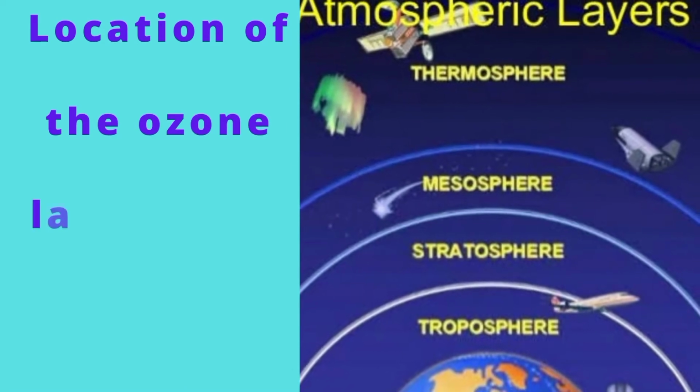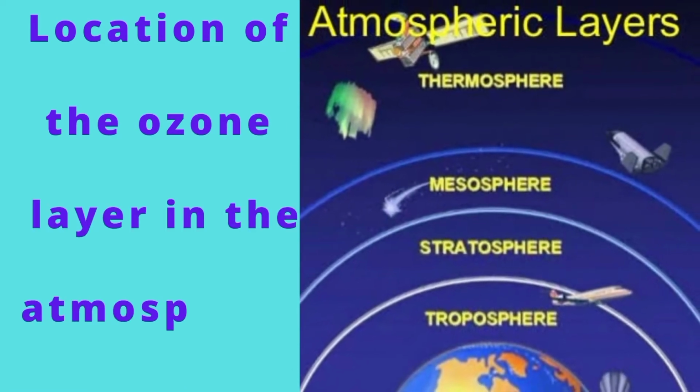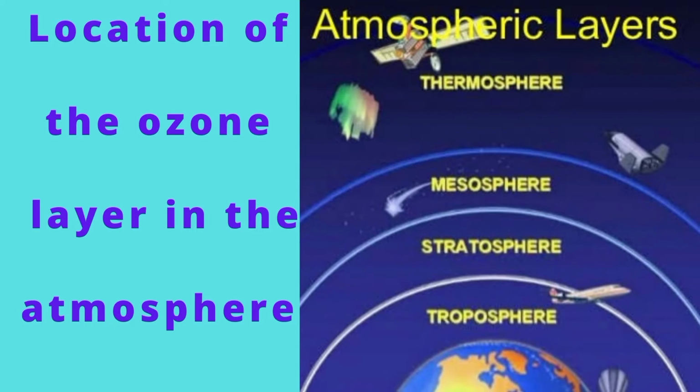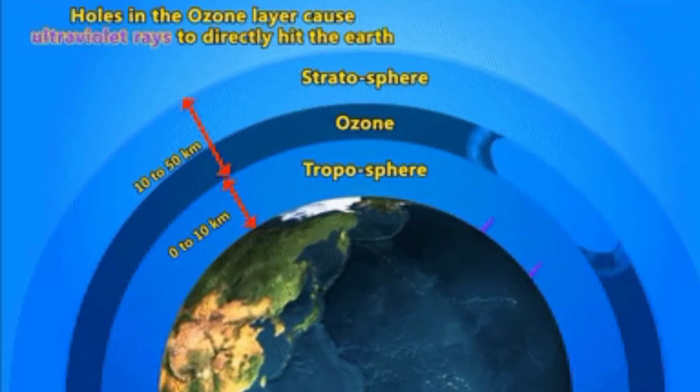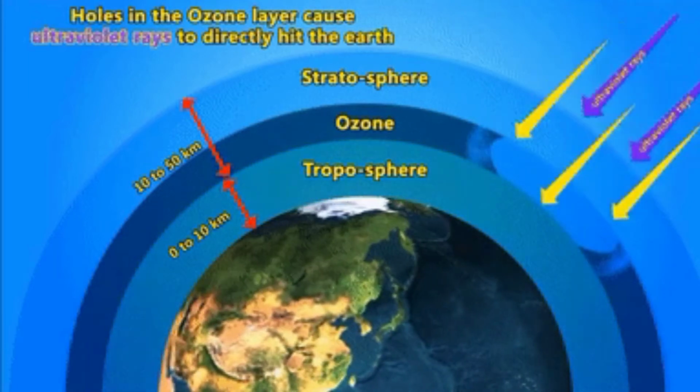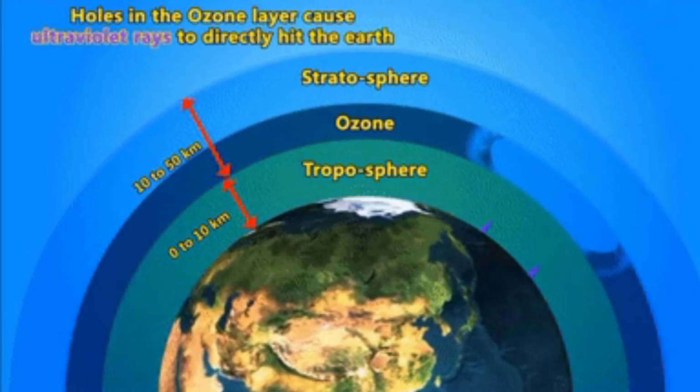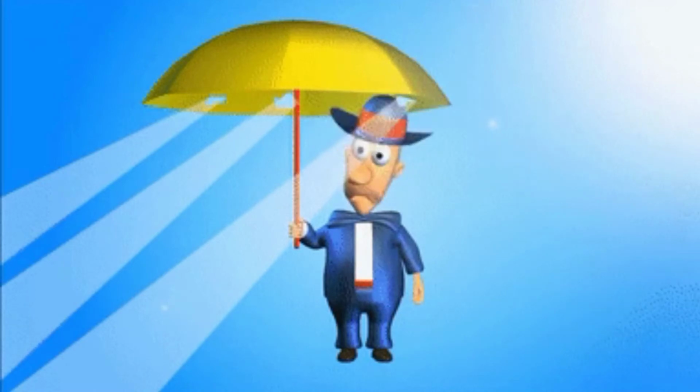In the Earth's atmosphere, we have various layers. The troposphere is the closest to the surface of the Earth. It contains 10% of the total ozone gas, while the stratosphere contains 90% of the total ozone gas, which means that the ozone layer is found in the stratosphere.